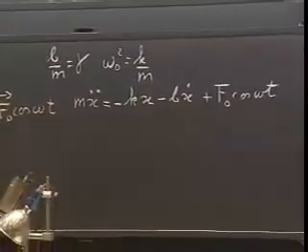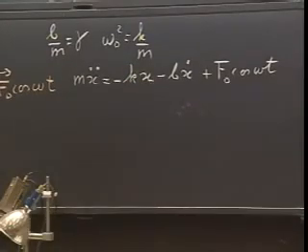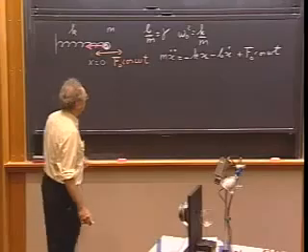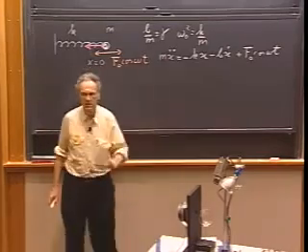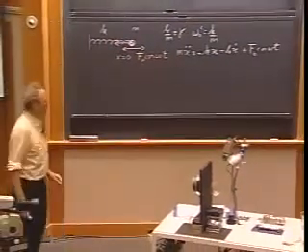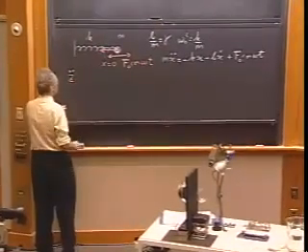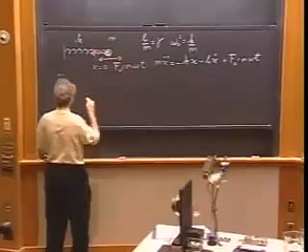What I'm going to do now is move this to the complex plane. Not that it is absolutely necessary, but I'm so used to that. So I'm going to write this now in terms of a z, and then we take the real part of z later. That goes back to x. So I'm going to write this in terms of z double dot. I divide m out.